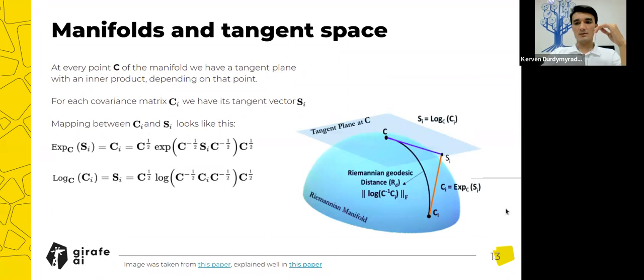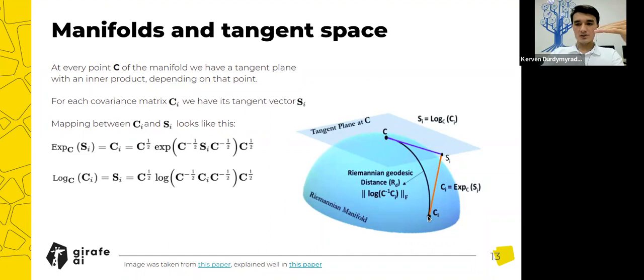Okay, how are we using the properties of this manifold? For example, any point, as I said, this Ci is our covariance matrix. As I mentioned before, we have n epochs, and for each epoch we take a covariance matrix, and these covariance matrices make a manifold, as you can see here.